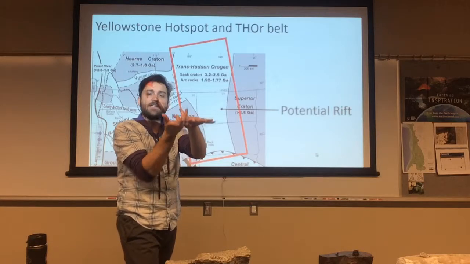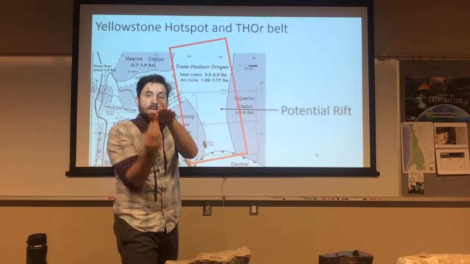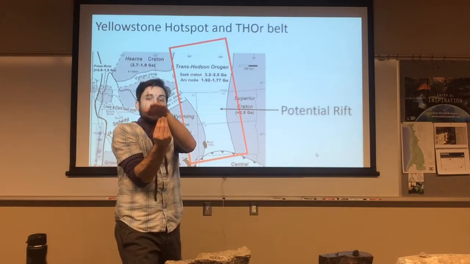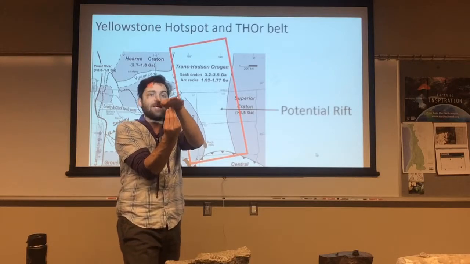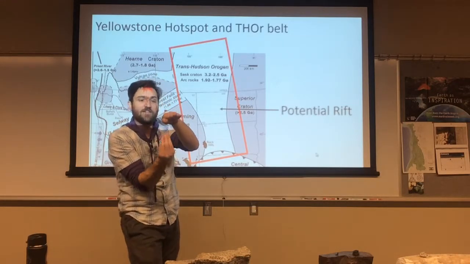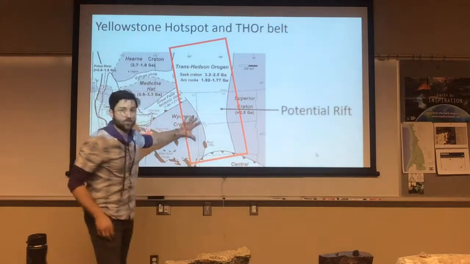That zone then is an area of weakness that as the mantle plume that's stationary, as the North American Craton drifts on top of that mantle plume, I suggest that that area of weakness is a great area for the mantle plume to break apart this craton.